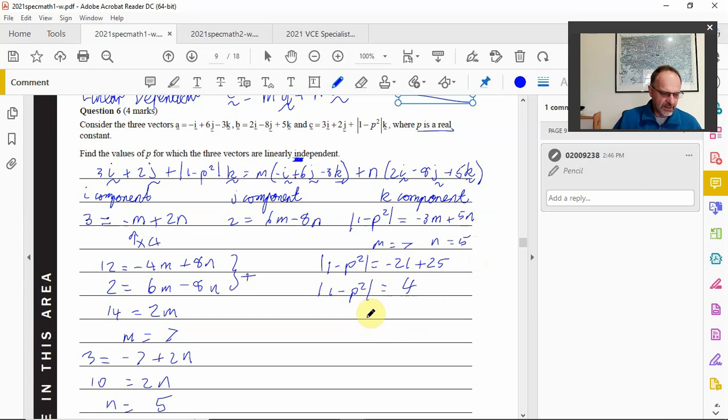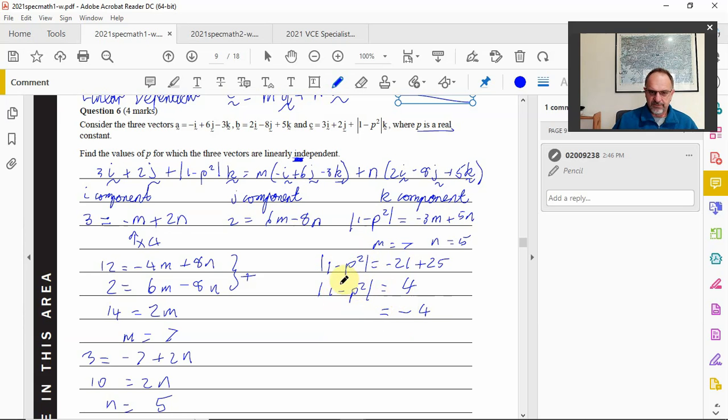All right. So what does that mean? Well, if I then remove these magnitude signs, the magnitude of 1 minus p squared has got to equal 4. If 1 minus p squared was equal to negative 4, then we'd use these modulus signs, absolute value signs, magnitude signs, whichever you prefer, and we would drop the negative.